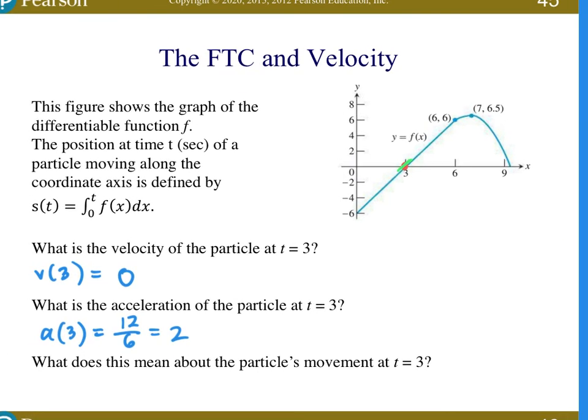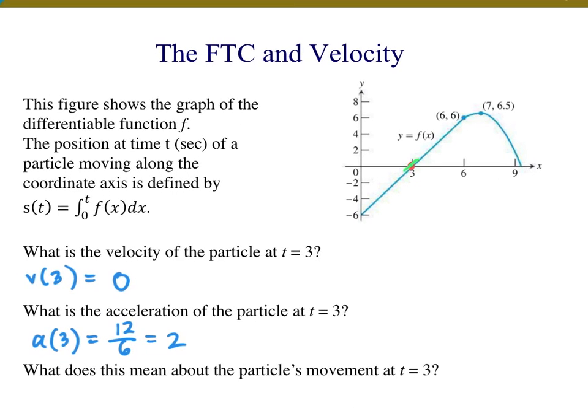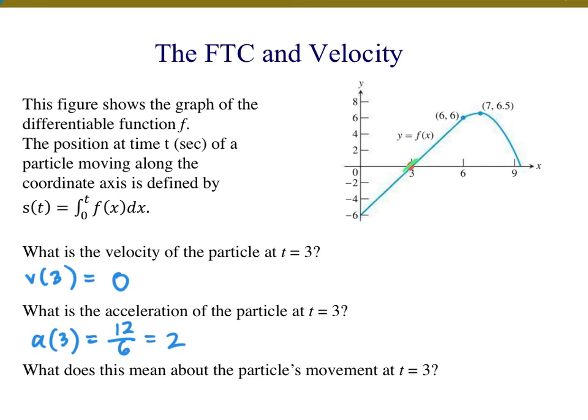And what does that mean about the particle's movement? Okay, so now compare the velocity and the acceleration at time 3. The velocity is 0. That means it's stopped. The acceleration is 2, which means it's moving forward.